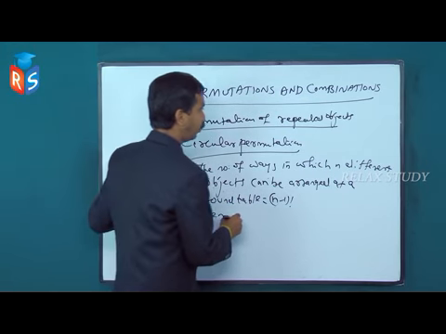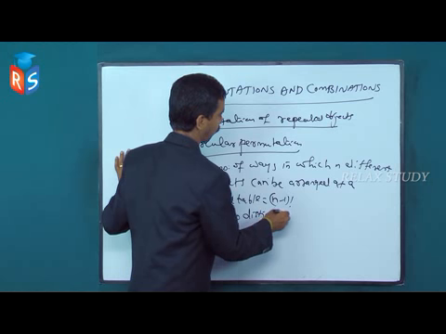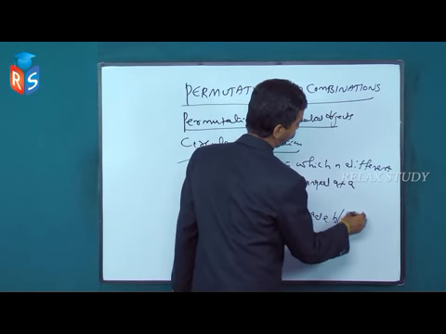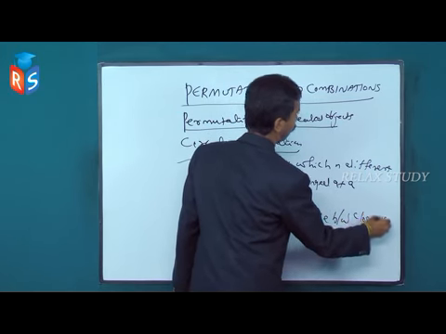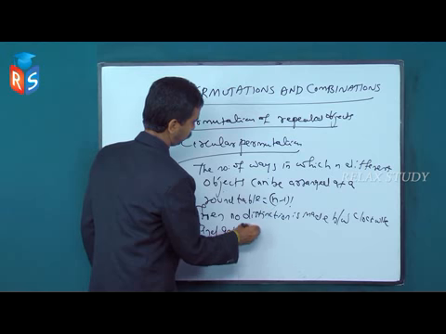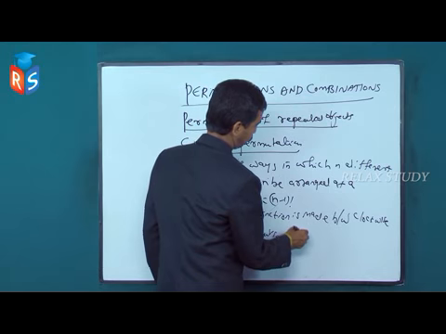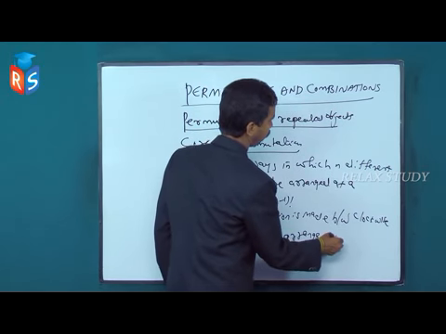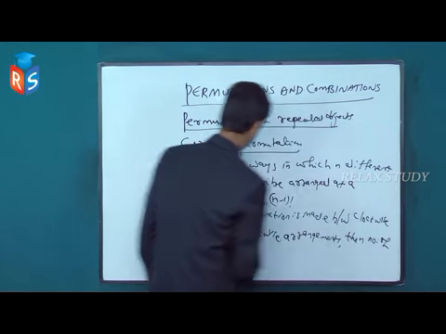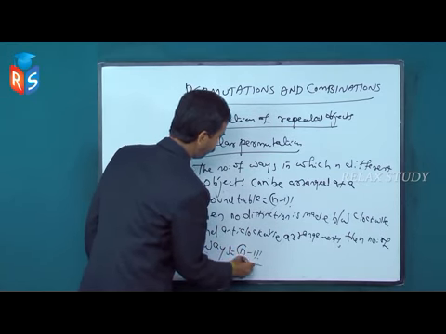When no distinction is made between clockwise and anti-clockwise arrangements, then the number of ways equals n minus 1 factorial by 2.